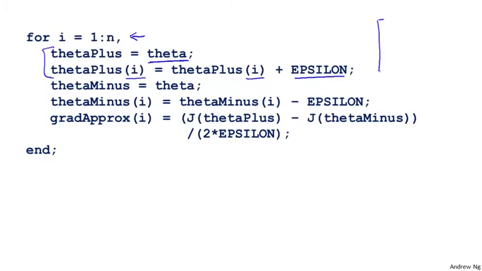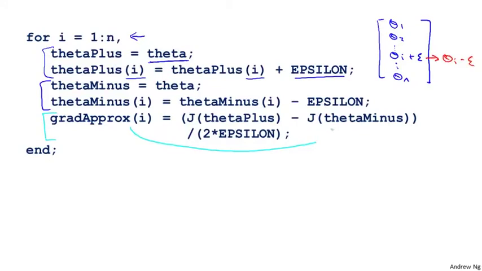So thetaPlus is equal to theta 1, theta 2, and so on, and then theta i has epsilon added to it, and then I go down to theta n. So this is what thetaPlus is. And similarly, these two lines set thetaMinus to something similar, except that instead of theta i plus epsilon, this now becomes theta i minus epsilon. And then finally, you implement this, gradApprox i, and this will give you your approximation to the partial derivative with respect to theta i of J of theta.